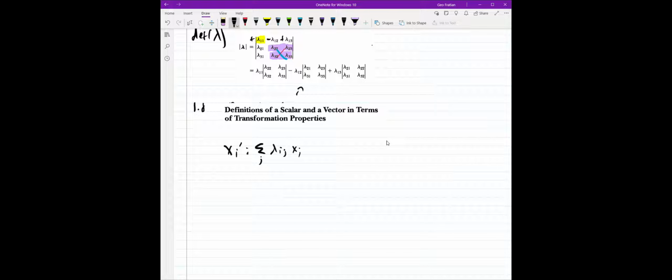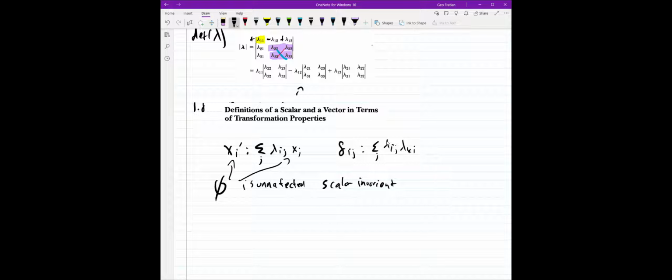And then we also know that the Kronecker delta symbol is active, which is lambda ij lambda kj. Okay. So if under a transformation some quantity phi is unaffected, so what that means is phi in here is the same as phi in here, we call it a scalar invariant, or just a scalar if you want.